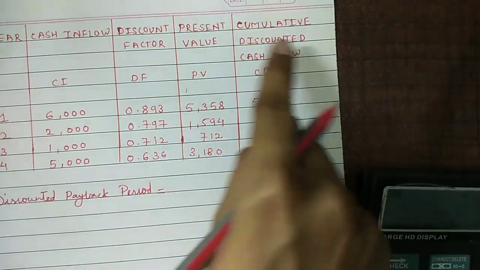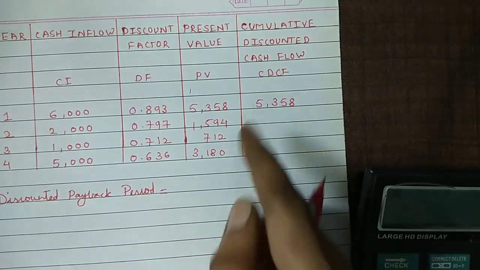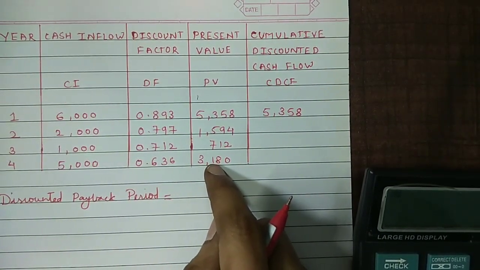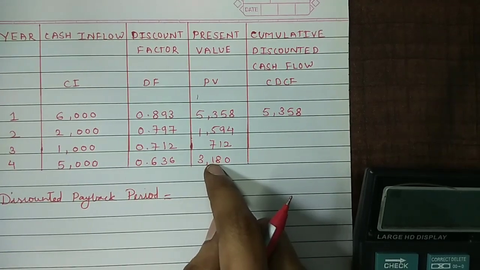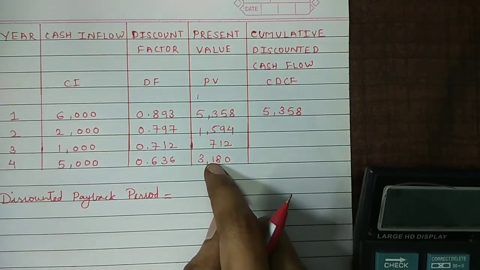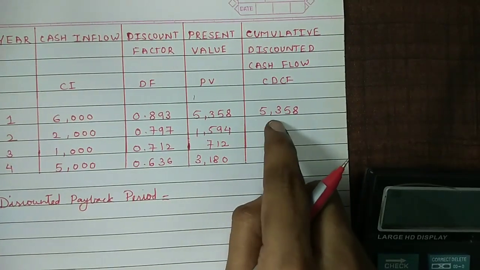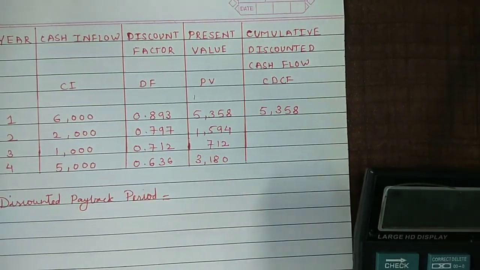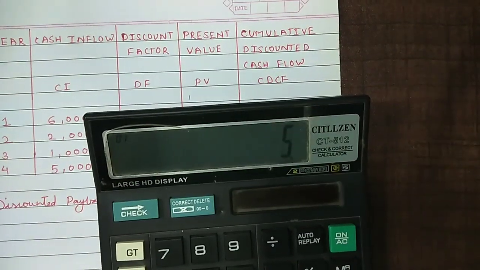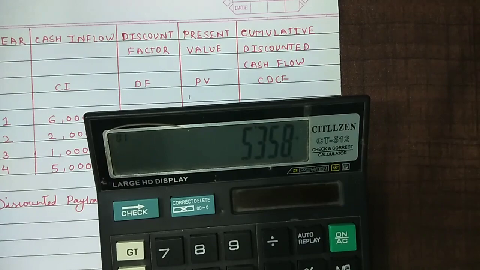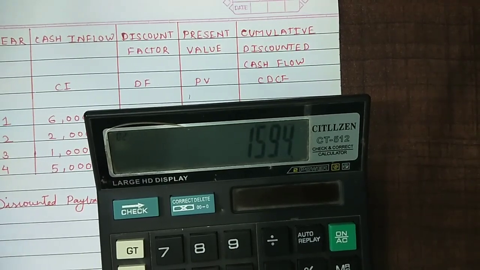Now how to calculate this cumulative amount? If you are not comfortable with that, the link of the previous lecture I have also given in the description box, so please check that out. So 5,358 plus the present value of the next year, that is 1,594.